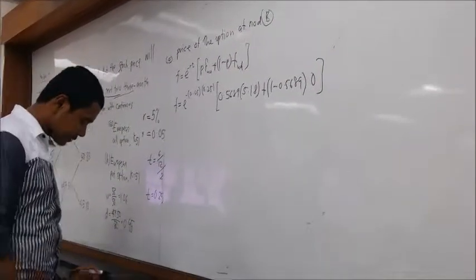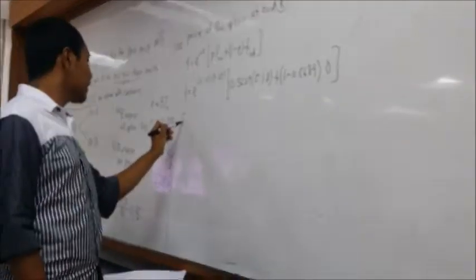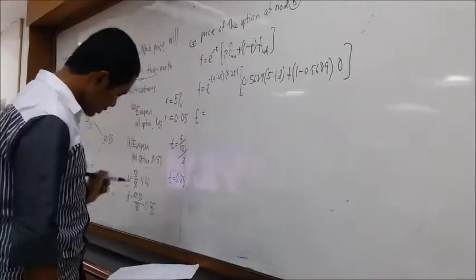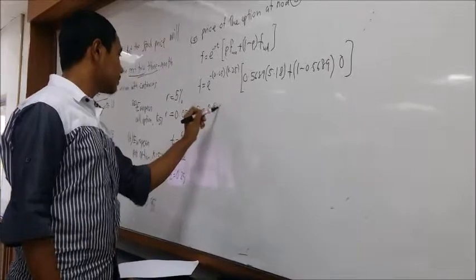So we got for f at B, which is f_u, 2.0.